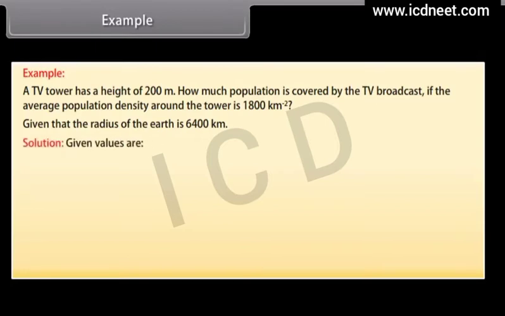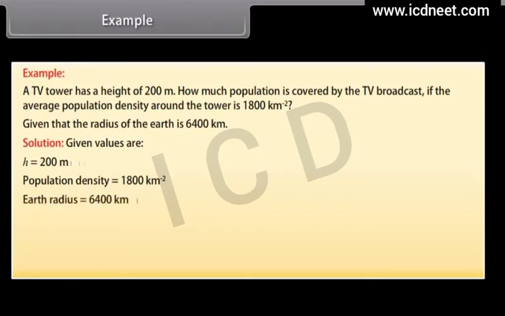Let's see the solution. Given values are h equal to 200 meters, population density equal to 1,800 per kilometer square, and Earth radius equal to 6,400 kilometers.